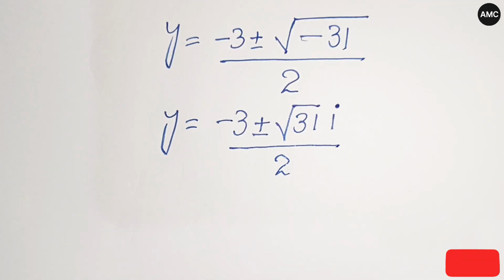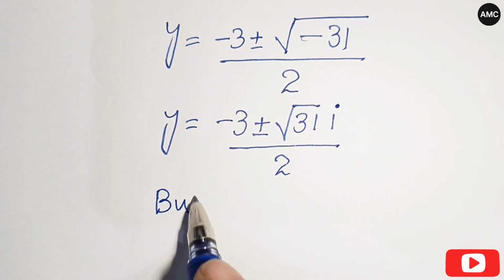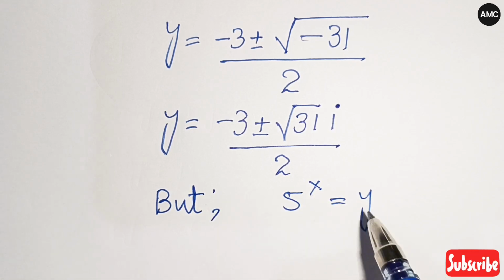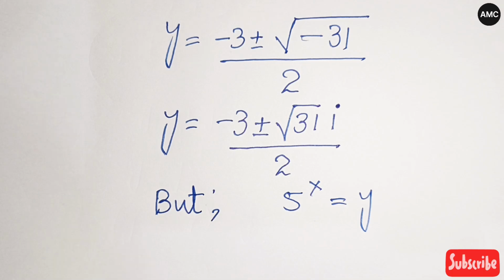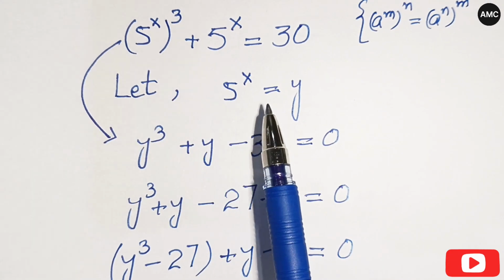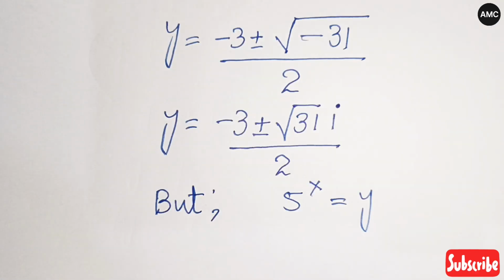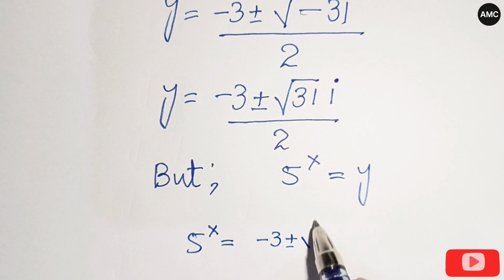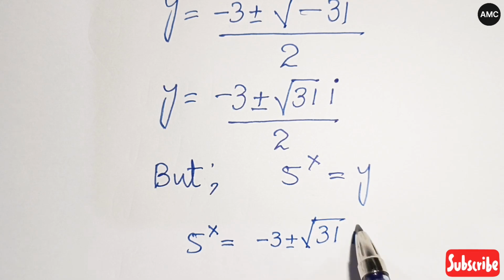Now as we have supposed that 5 to the power x is equal to y, according to this equation, putting the value of y, 5 to the power x is equal to minus 3 plus minus square root of 31i all over 2.